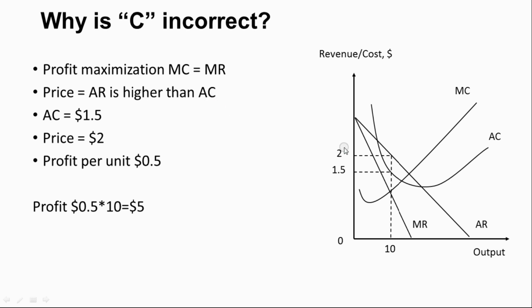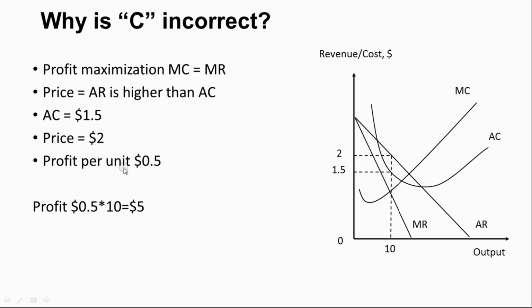Average revenue is represented by this line, because a company will produce where marginal cost intersects marginal revenue at this point. Average revenue is actually price, and it's higher than average cost. Average cost is 1.5, but the price which will be charged is $2.